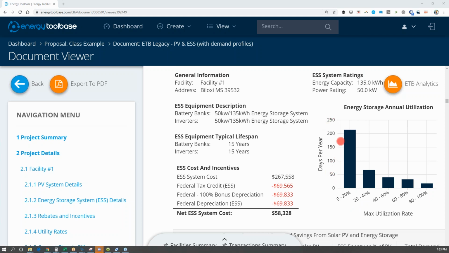It says even when we're using the battery, and we're using the battery for 200 days a year, we're using the battery 0 to 20%. And only on a couple of days a year do we use the battery 80 to 100%. So for the most part, this battery is just sitting there not being well utilized.